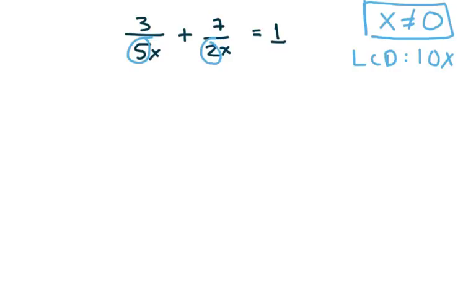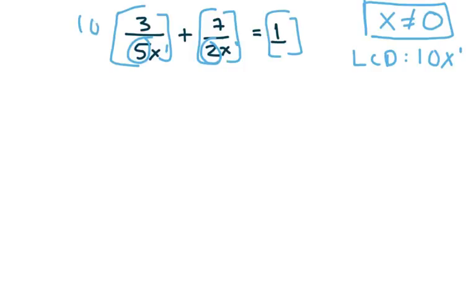The common denominator of x is just x. You pick the biggest power, and our biggest power is 1. So I'm going to multiply each piece by 10x, my LCD.